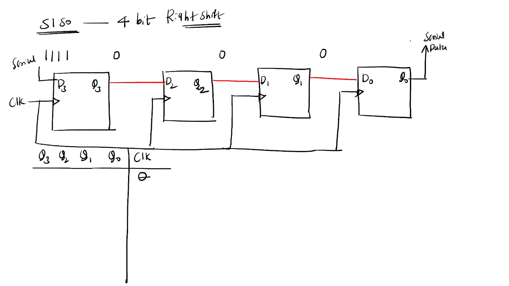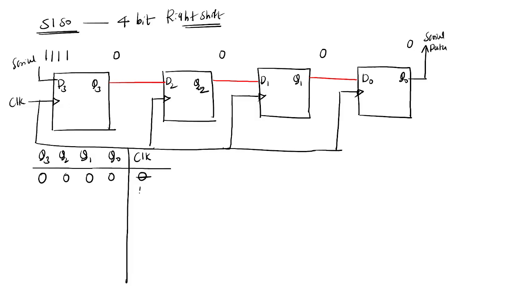We can call this the initial state, or reset state. When you are resetting the circuit, the outputs of all the flip flops will be 0 only.